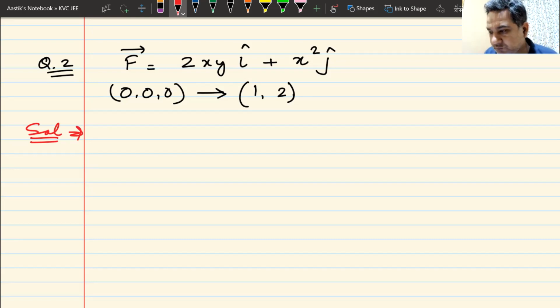Okay. Let us first see whether this force is conservative or not. What do you think? Is this force conservative or is it non-conservative?